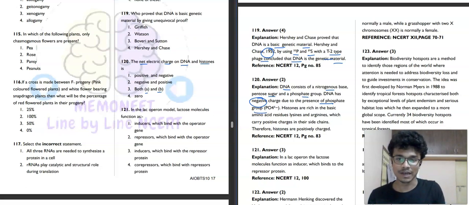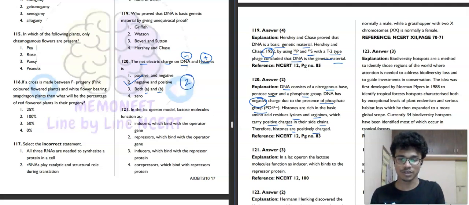So DNA is negative. Now histone. Histones are rich in the basic amino acid residues lysine and arginine, which carry positive charges in their side chains. Therefore, histones are positively charged. So DNA is negative and histone is positive. So the second option will be the correct answer for this question.